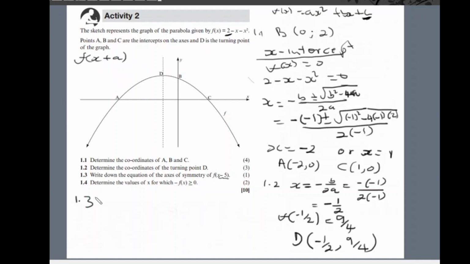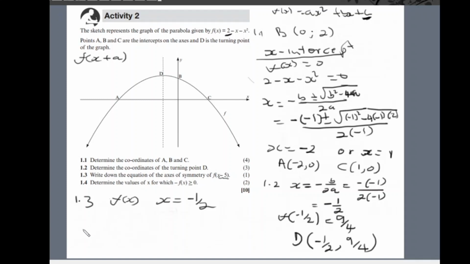So now to determine the equation of the axis of symmetry of f of x minus 5, I need to know the equation of symmetry of f of x. The equation of symmetry of f of x is x equals minus 1 over 2. We calculated it here, that is the x coordinate of the turning point.